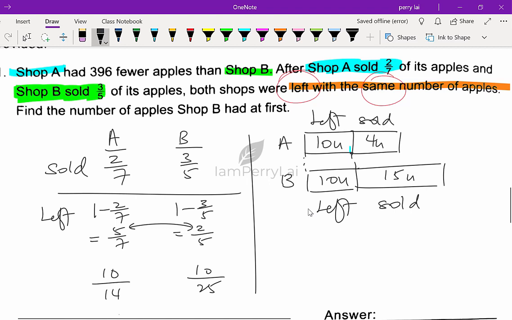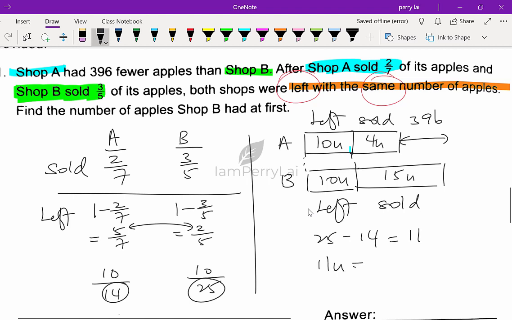Okay. Shop A had fewer apples at first. Fewer by 396. And so you can see the number of units. That 396 would be the difference between 25 and 14. So 25 minus 14 is 11.